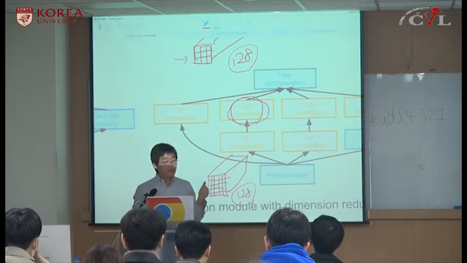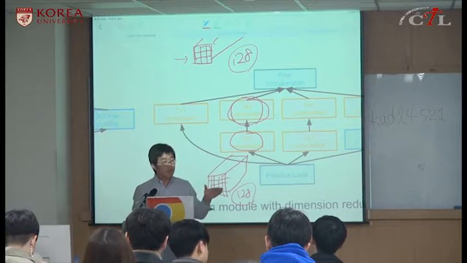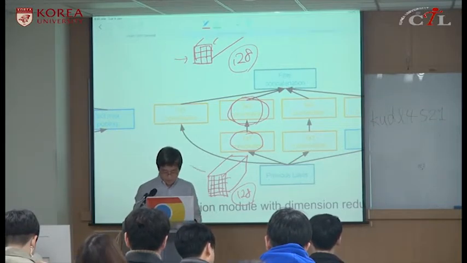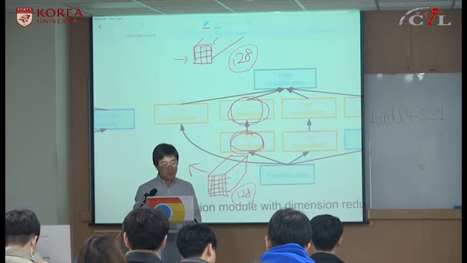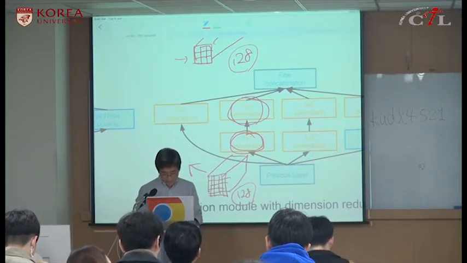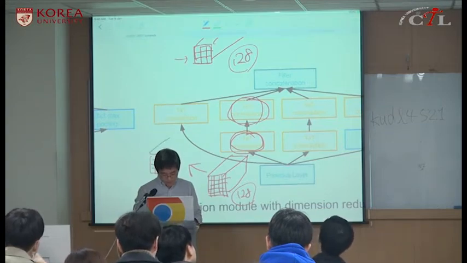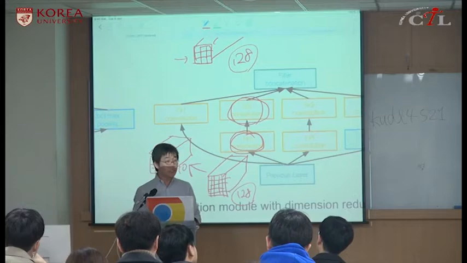So as a kind of pre-processing step, by just applying the 1x1 conv, suppose we change it using maybe 10 filters, and then our activation map would have a depth of only 10, right?